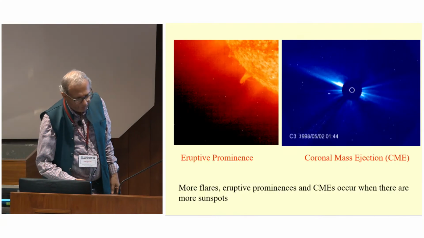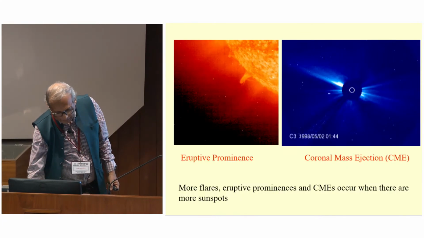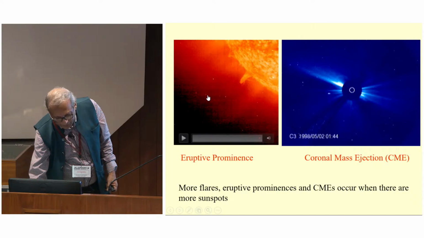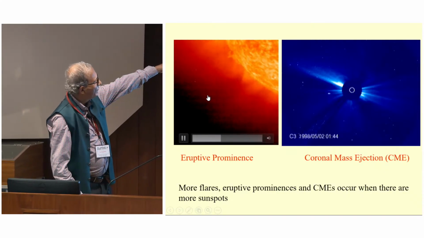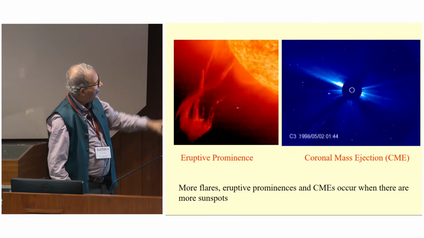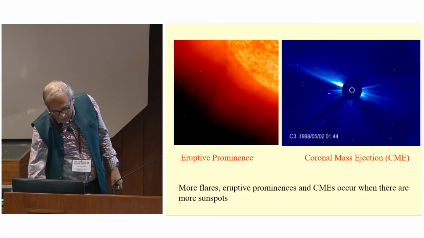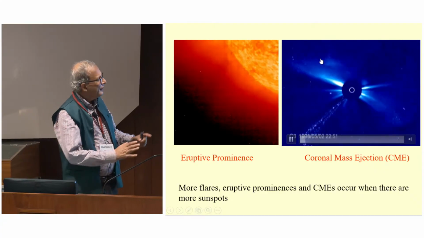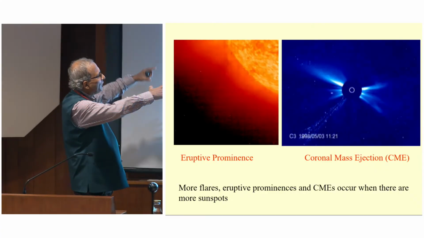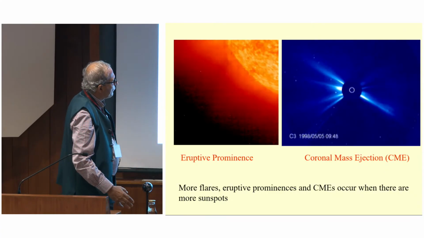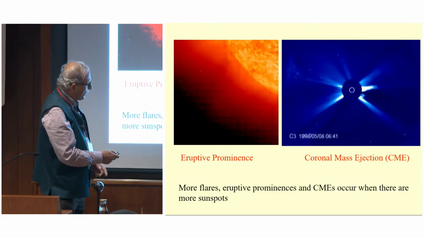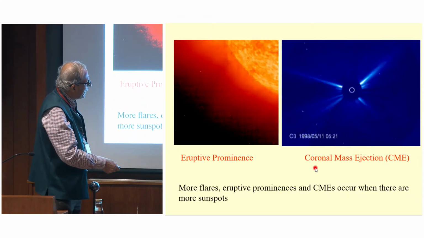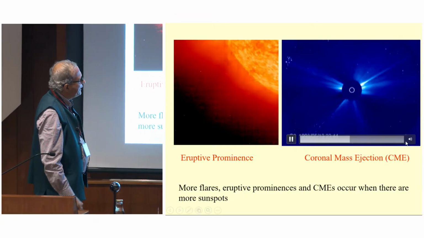So as a result of a solar flare, sometimes large chunks of plasma are thrown out like this, as you see here. And what happens to these chunks of plasma? They often move outwards into the solar system in the form of what are known as coronal mass ejections, abbreviated as CMEs.